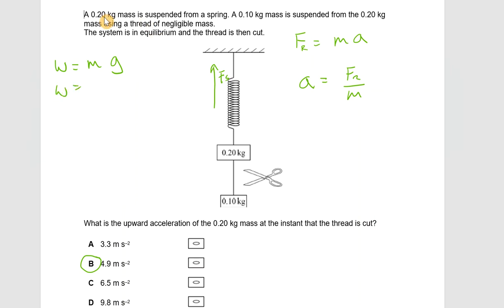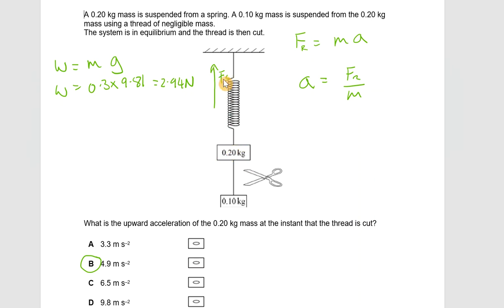So the total mass is 0.3 kilograms, gravitational field strength 9.81 newtons per kilogram. So the total force that the spring is producing is 2.94 newtons.